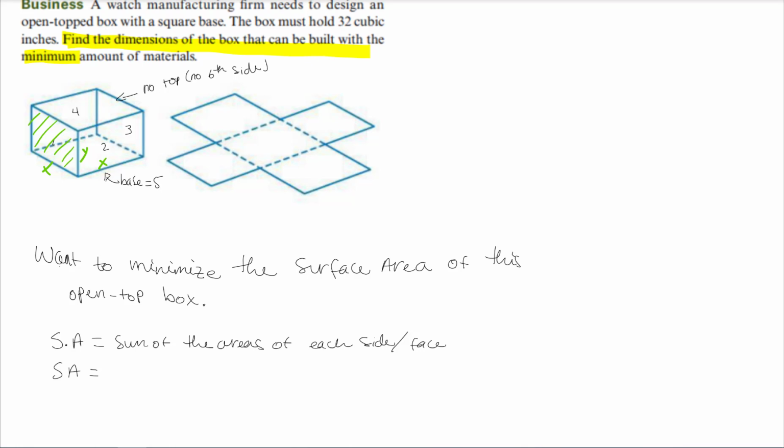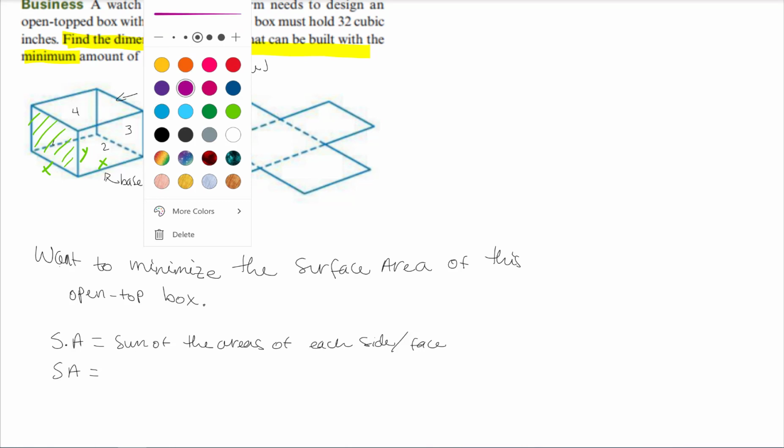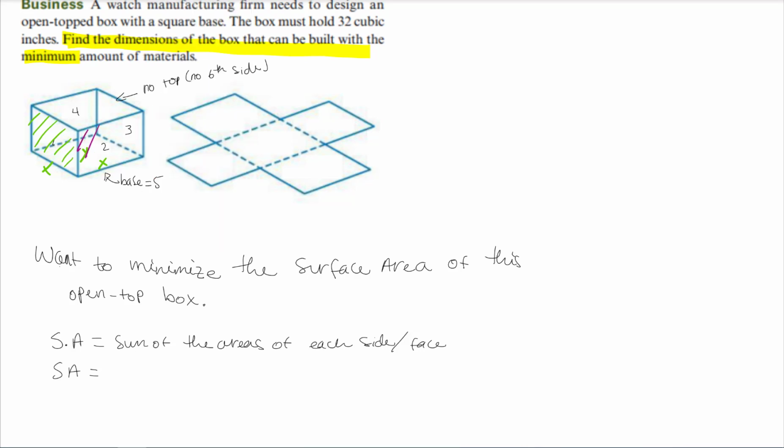All the sides are going to have the same area, right? Notice that if I look at this one, the second side is also, the base is x and the height is y. So we have 1, 2, 3, 4 of those that are the same. So we have 4 sides of same area plus the base, and I'm going to say square base.